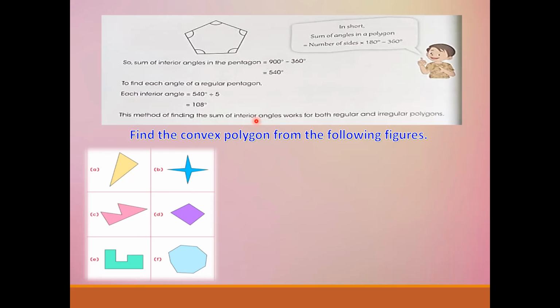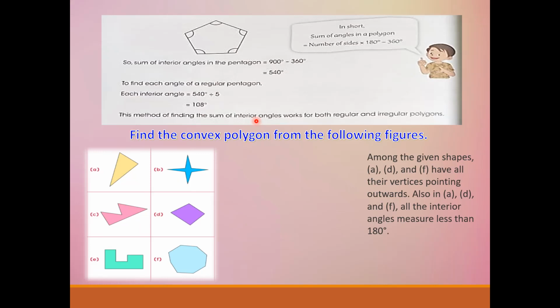Ready? So we have A, D, and F. Regular polygons are convex, okay? All the interior angles measure less than 180 degrees.